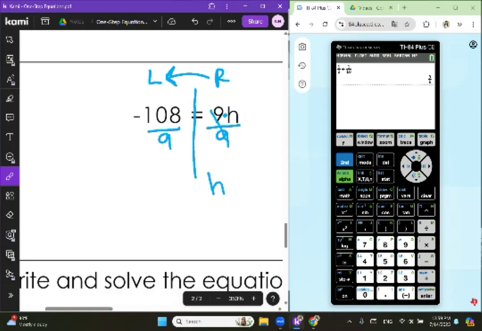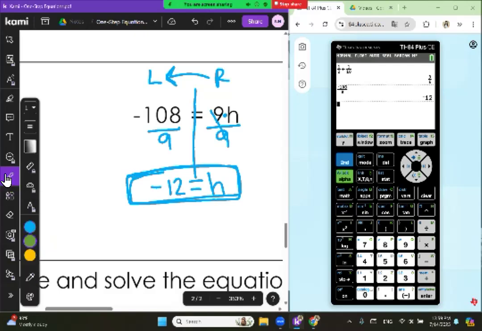Okay. Divide the 9. Type that in. You get negative 12. Type it in as a fraction. Type it in exactly the way you wrote it down. Don't make it harder than it is.